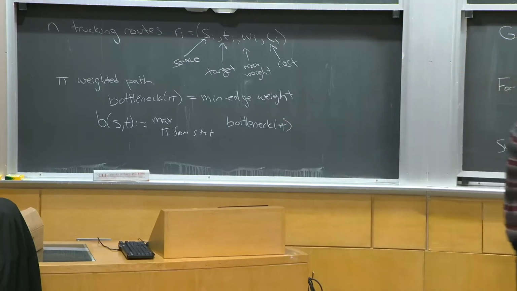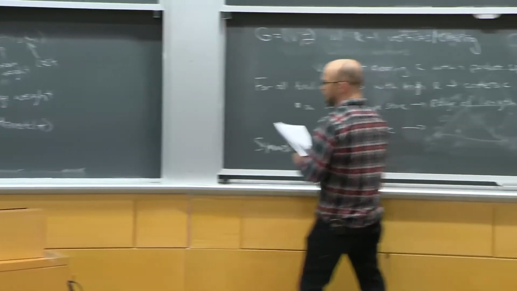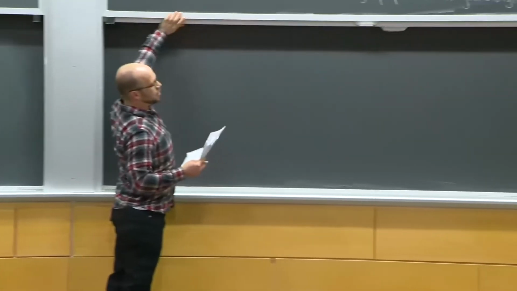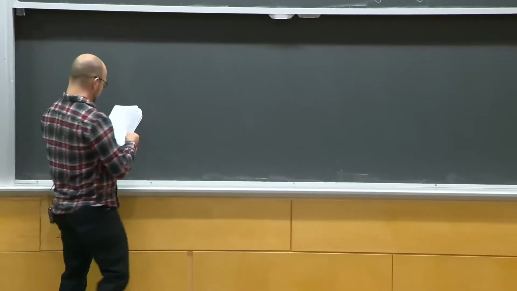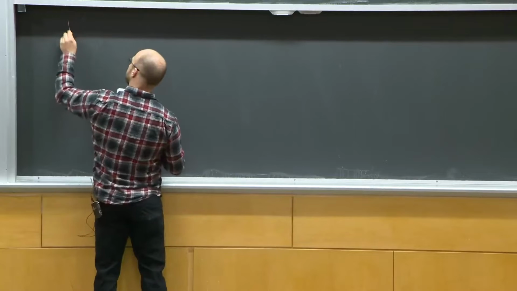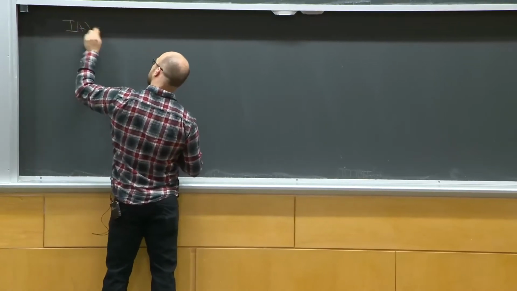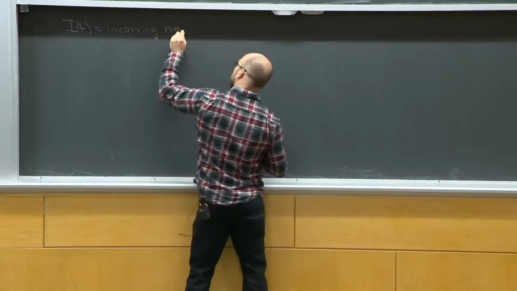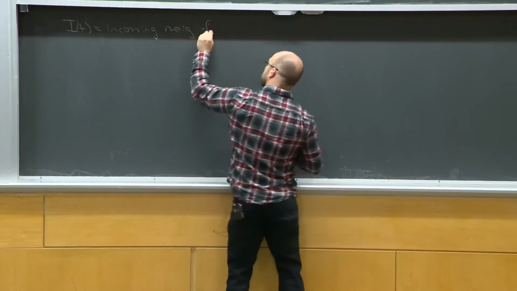Okay, and then, right. Writing too big, hopefully I won't run out of space. We're going to make one additional definition, which is I of t is the incoming neighbors of t.